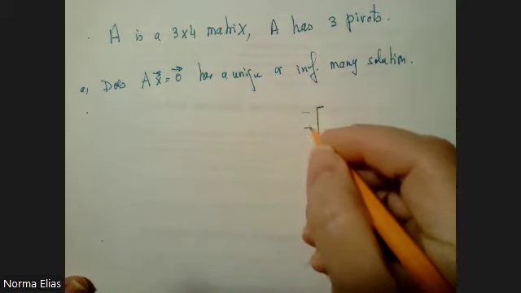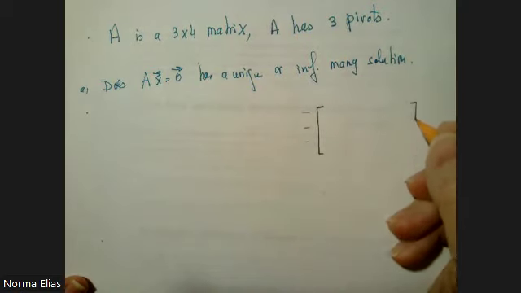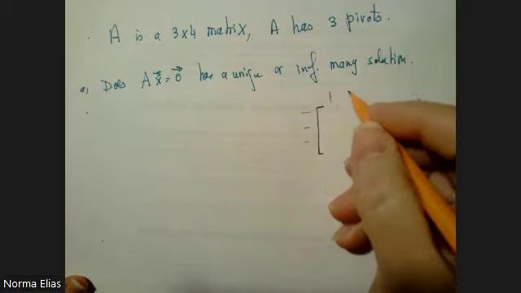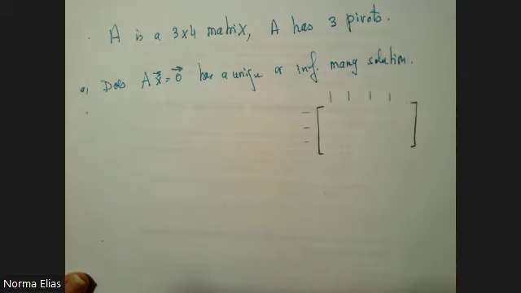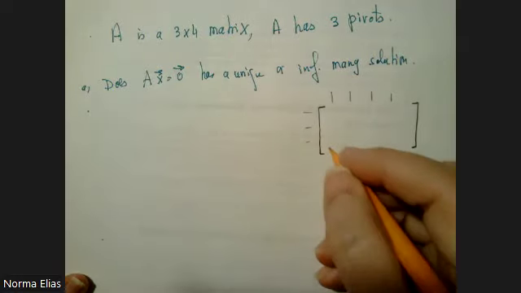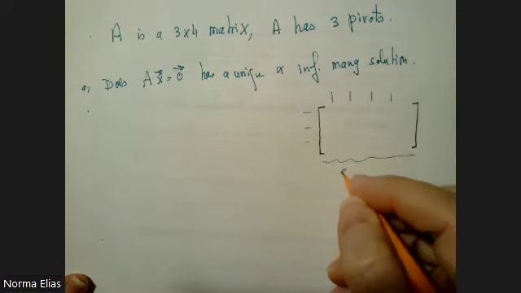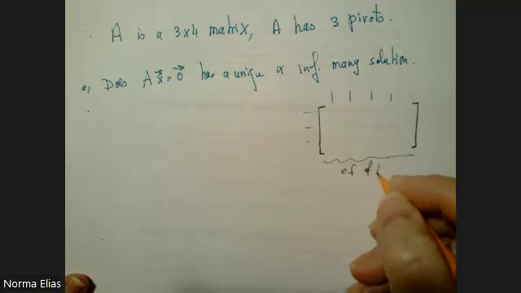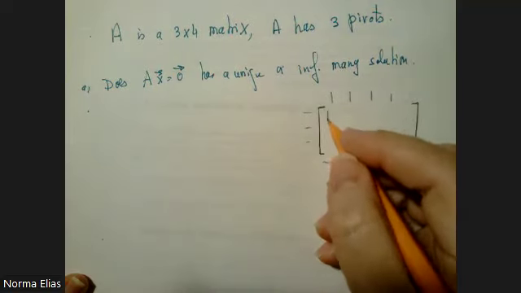3 is the number of rows, and 4 is the number of columns. And it has 3 pivots. It means when you reduce it, that's the echelon form of A. When you reduce, I have 3 pivots.